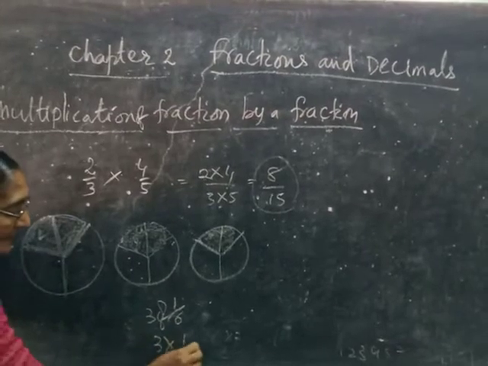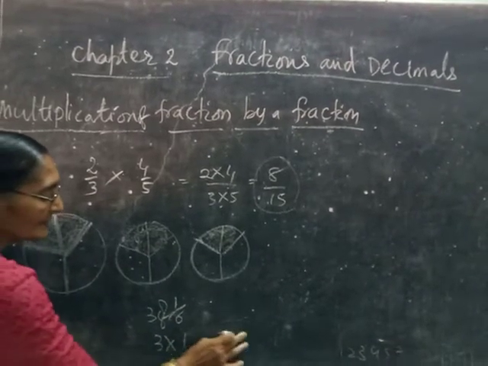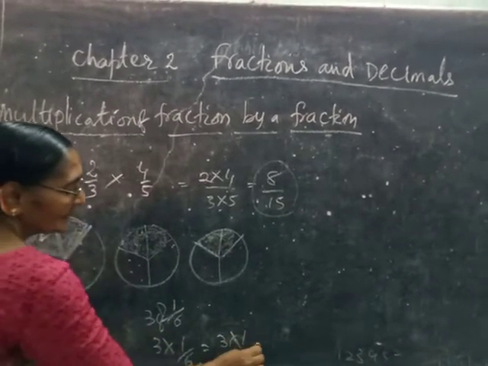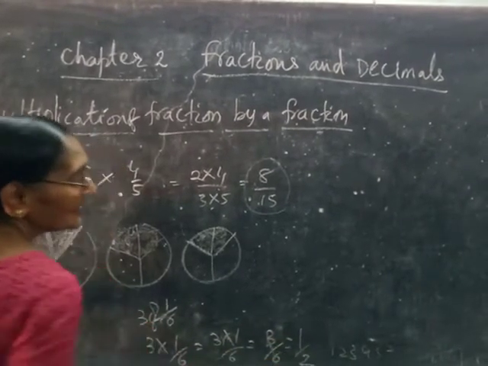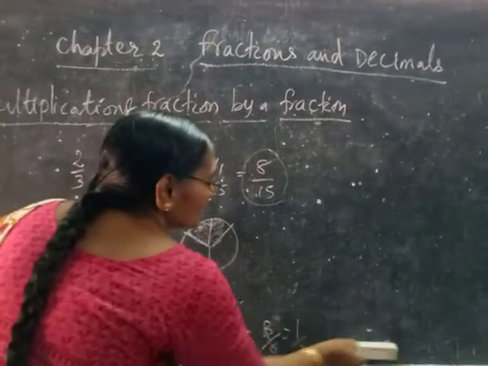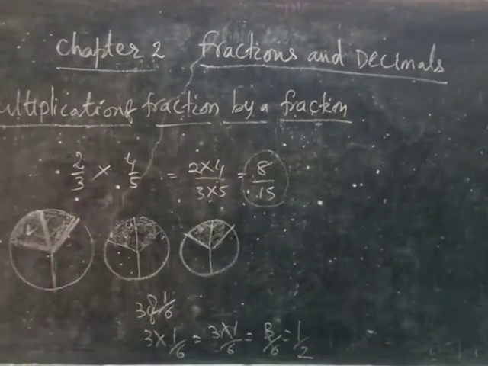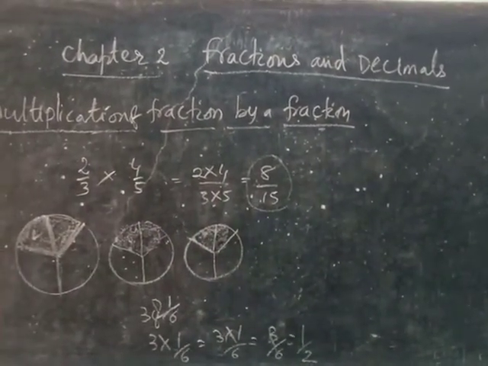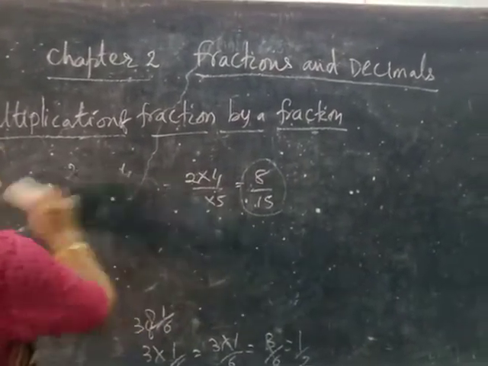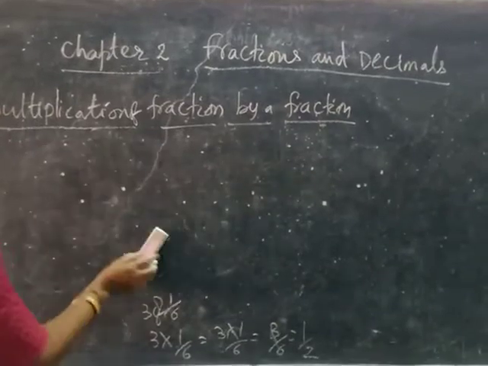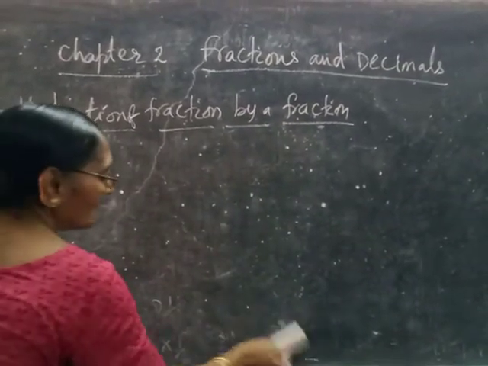Then 3 into 1 by 6 equals 3 by 6. Then we will simplify. If two numbers are divisible, you have to take the lowest term, simplify that number, and write what comes. Do you understand? This is multiplication of a fraction by a fraction.